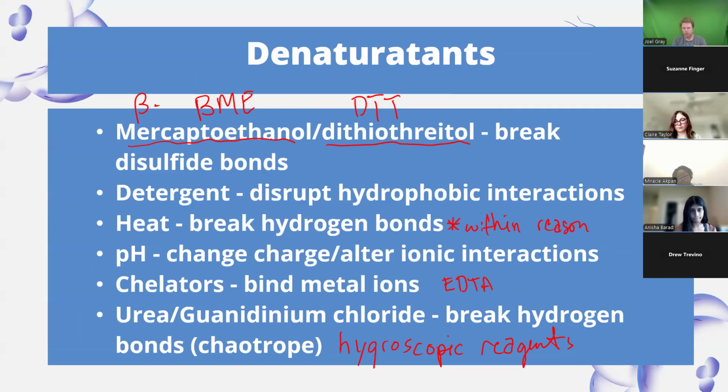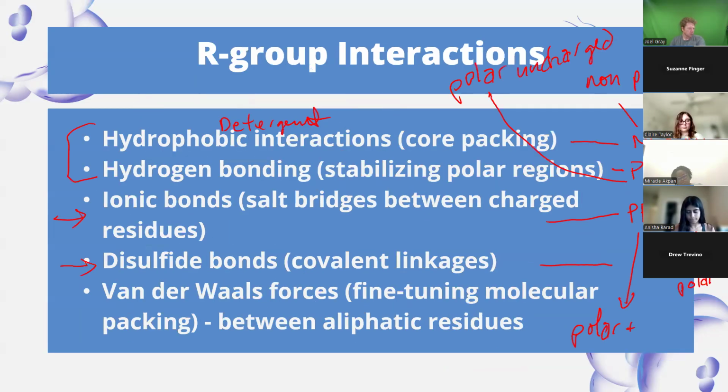They're going to disrupt hydrogen bonds, in which case, if we go back, they would address these polar uncharged interactions. They're going to disrupt the threonine interacting with the serine, and so on.